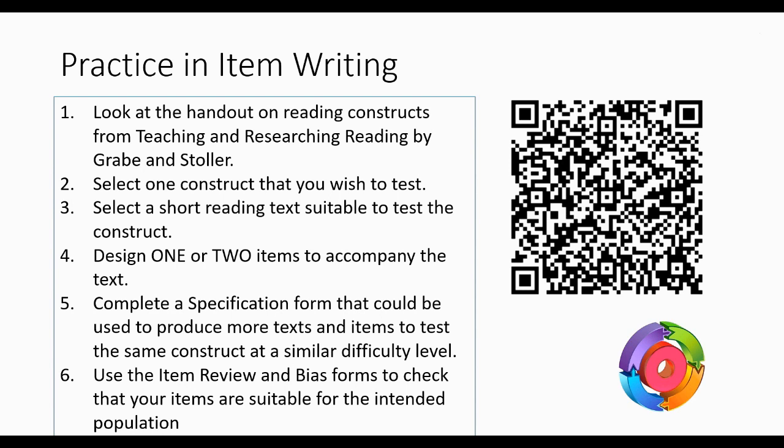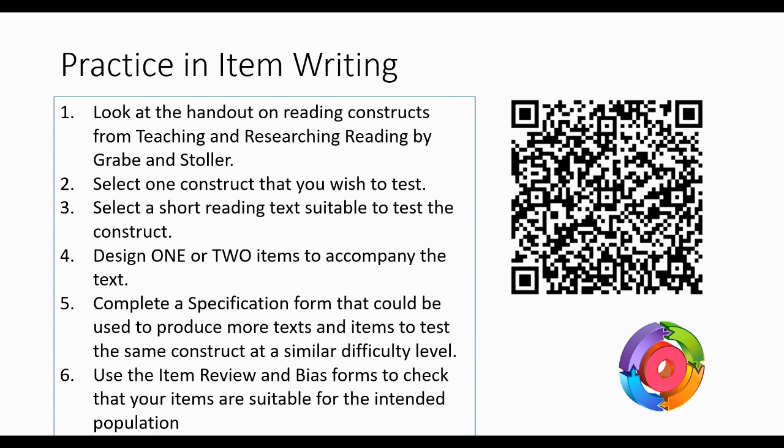And then design just one or two items to accompany the short text that are going to test the construct from our construct list from Grabe and Stoller. Then for the items you've constructed, they're going to be sample items.